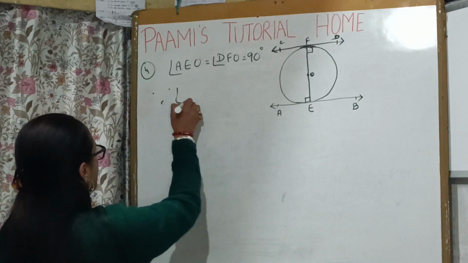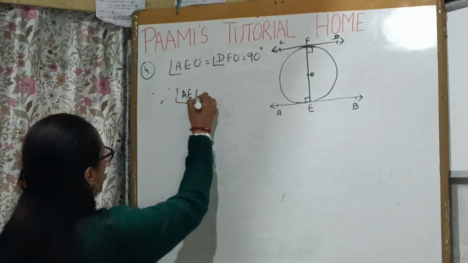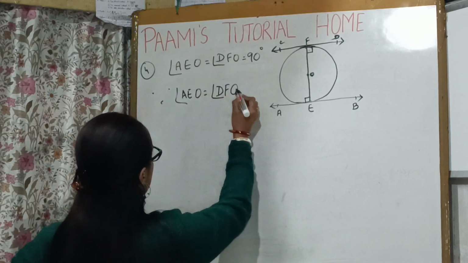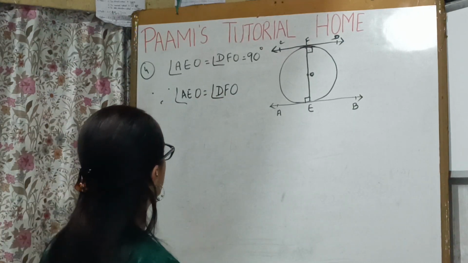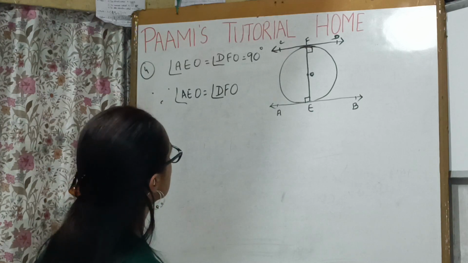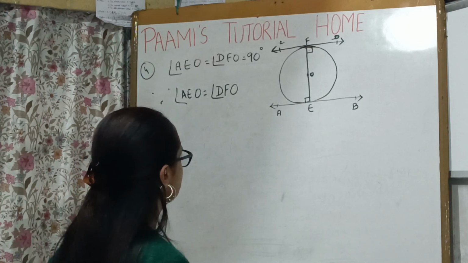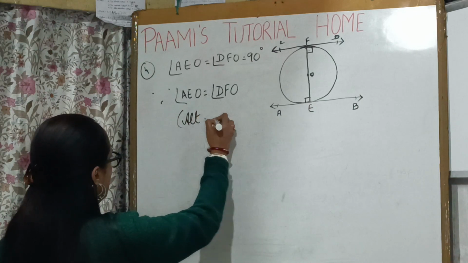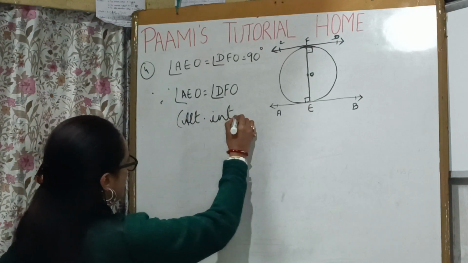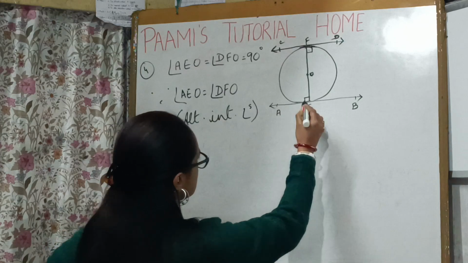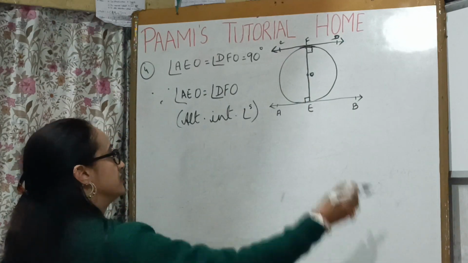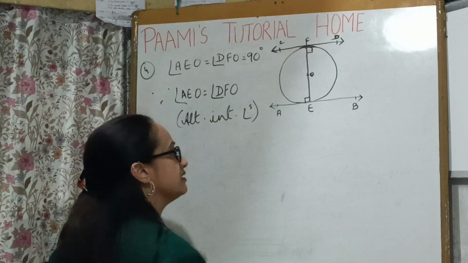Since angle AEO is equal to angle DFO, what is applied here? How is it equal? They are alternate interior angles, alternate, cross them, and they are inside the parallel lines.